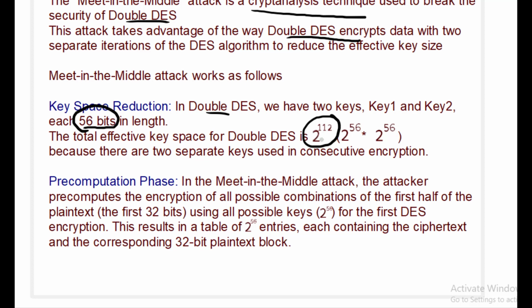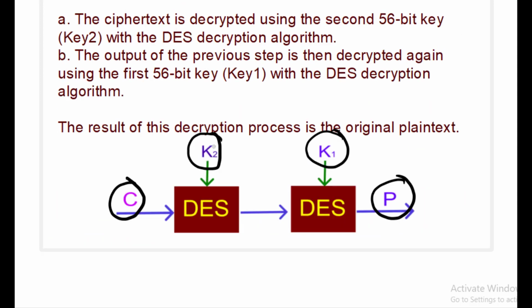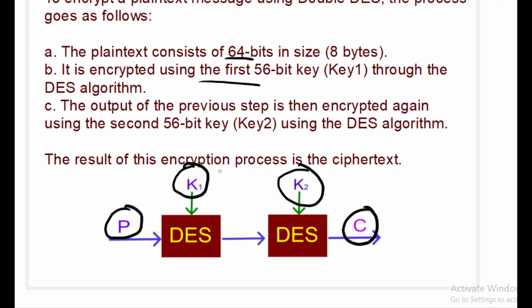Although the key space is increased, the attacker takes advantage of the fact that this process is totally reversible. Whatever plain text P we give, we encrypt it, we get a partial result, we can say P dash, and this is again encrypted using K2, and we get the cipher text.